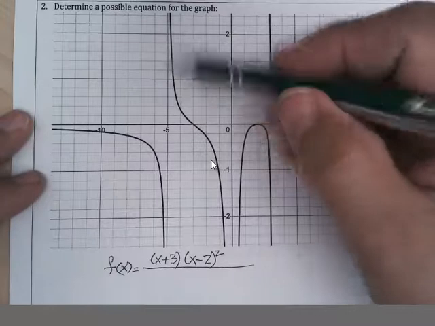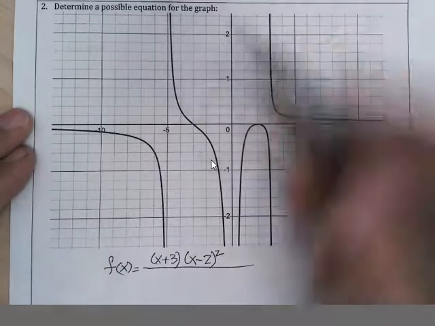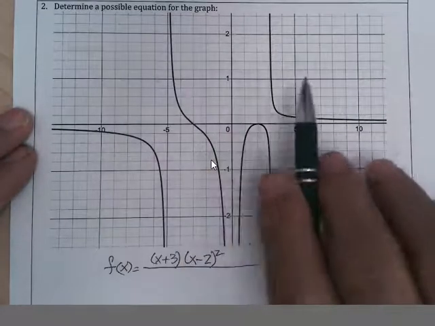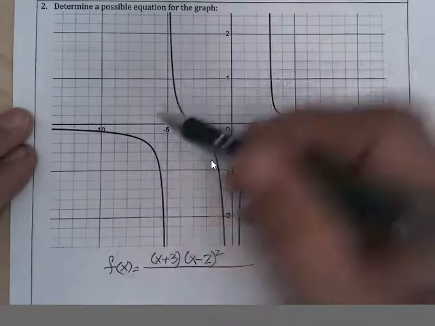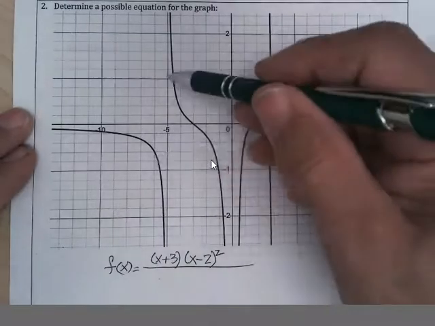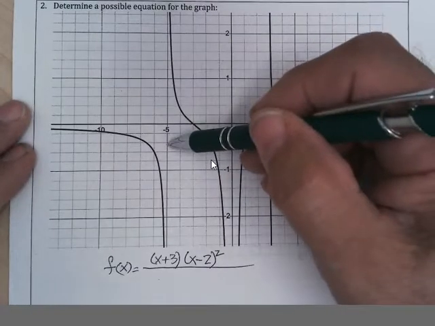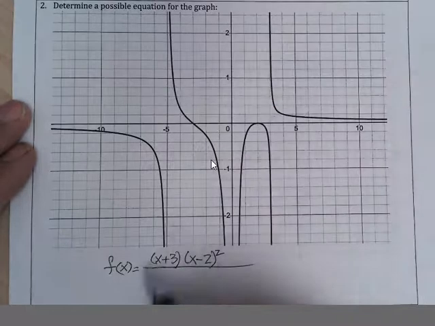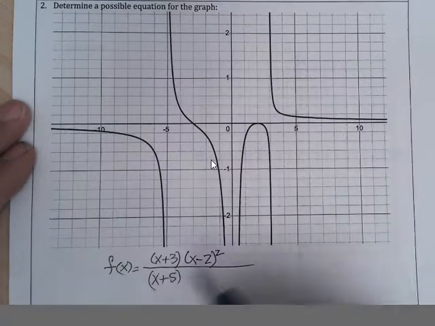It has a vertical asymptote at negative 5, so this is where our vertical asymptotes tell us the denominator. And they're opposite, so it happens just once. Could happen 3, but it's probably just once. And so it's x plus 5 in the denominator.